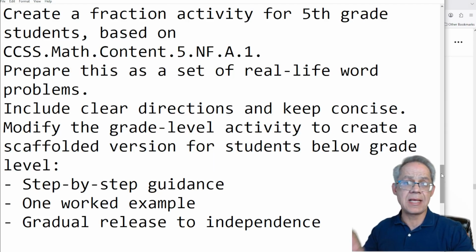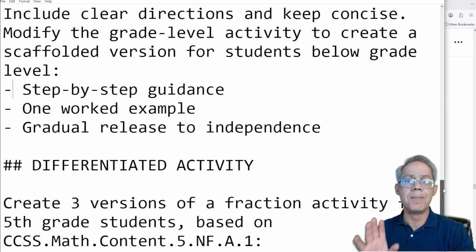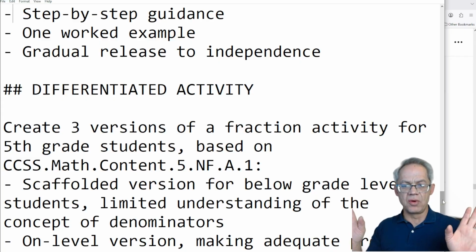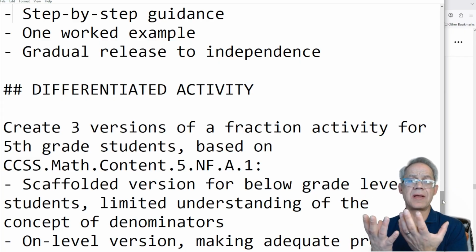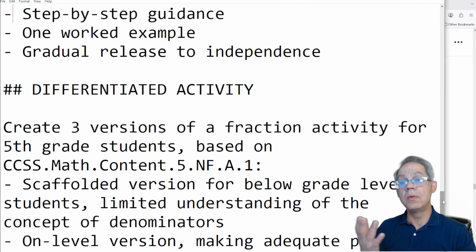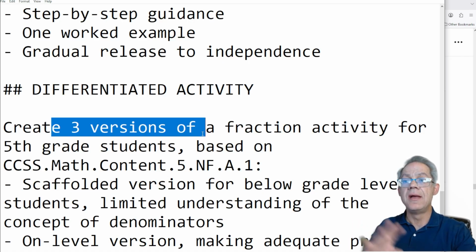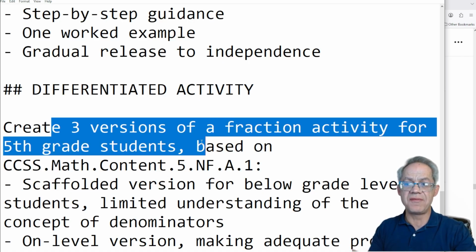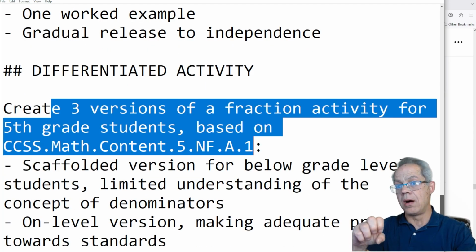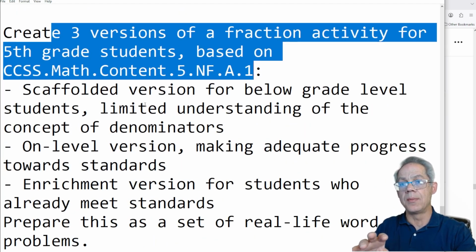And let's take one more here. Let's just say we already know ahead of time we've got different groups in our classrooms. Can we somehow combine it together into our initial prompt? Well, we can. So we're going to start fresh. We need 3 versions. Fraction activity, 5th grade, there's our standard again. And we can incorporate all of those into a single prompt.